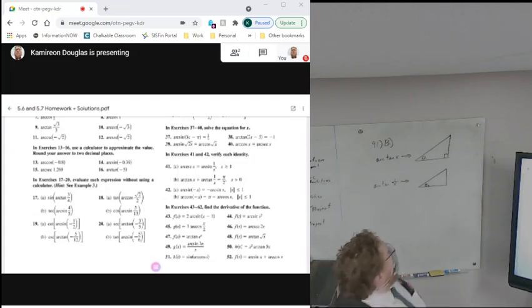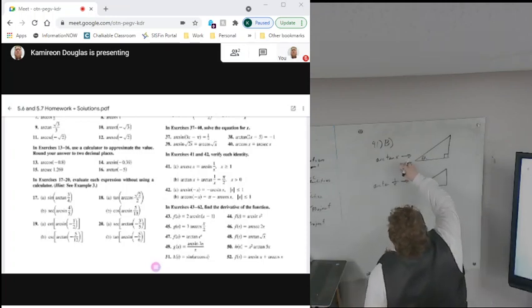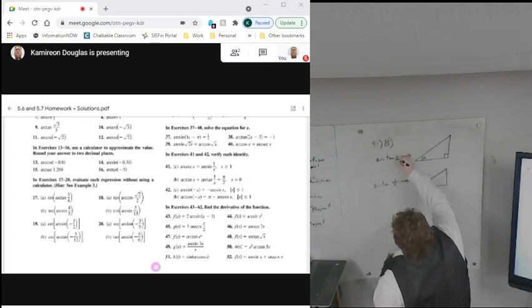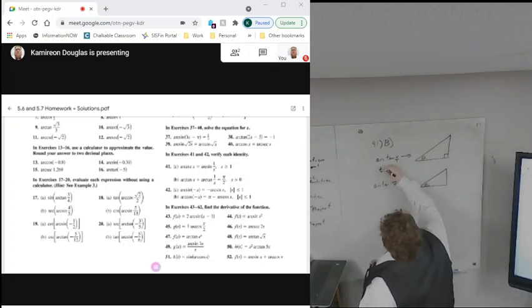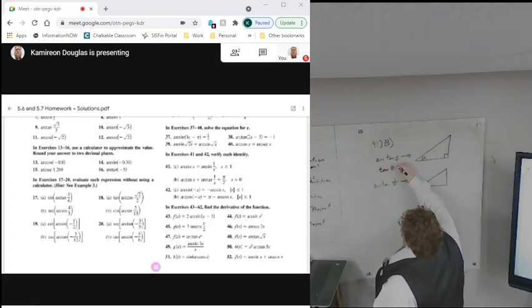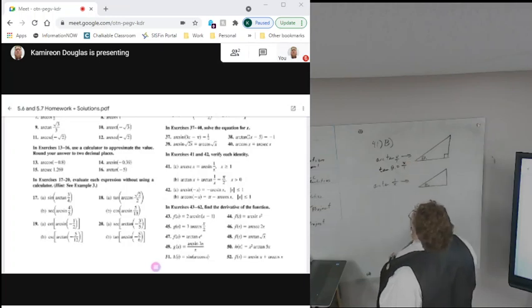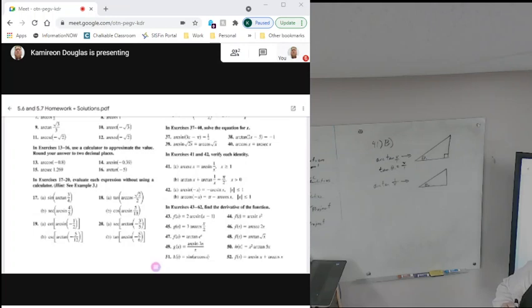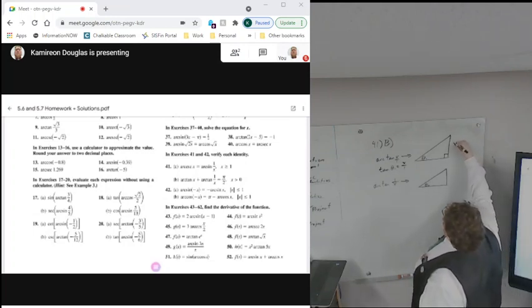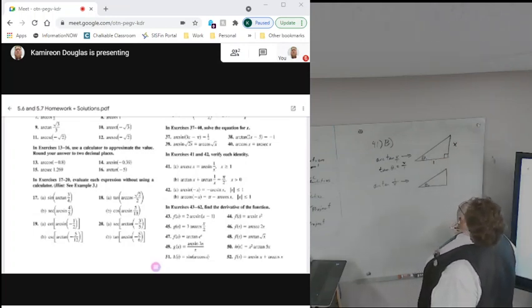So let's try this out. This first one, if I'm doing tangent of x, remember that it's tangent of x over 1. And arctangent, as a reminder, comes from the tangent function. This means that tangent of theta 1 would be equal to x over 1, which is a reminder, tangent is opposite over adjacent. So this means that my side over here is x, my side over here is 1.